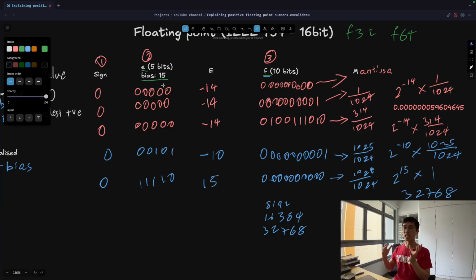From there, we can adjust our calculations accordingly and be able to derive the decimal value of an IEEE 754 floating point representation number. Basically, floating point to decimal number and how we calculate that in between.